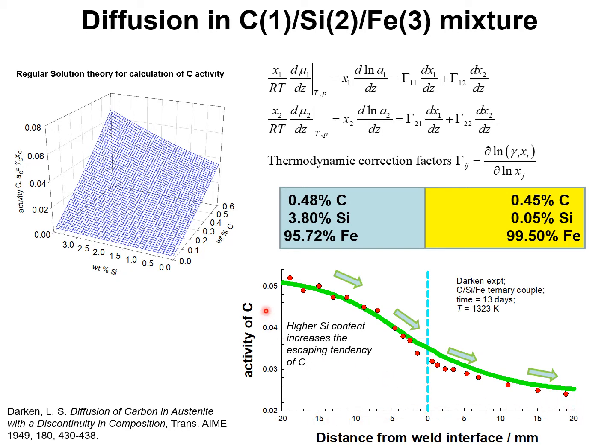We note that the experimental data shows that the diffusion goes monotonically down the activity hill of carbon. The message to be drawn from these set of experiments is that the thermodynamically correct driving force for diffusion is the gradient in the chemical potential, or equivalently the gradient in the activity of any component.